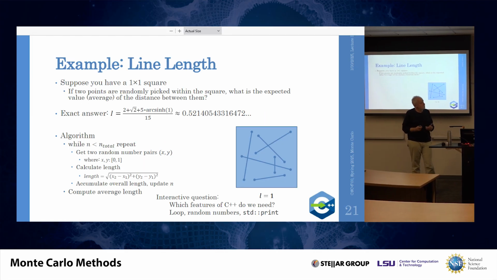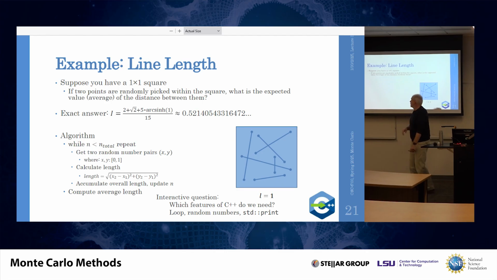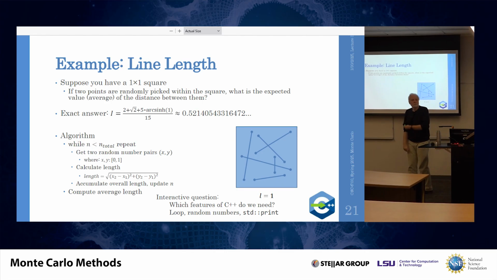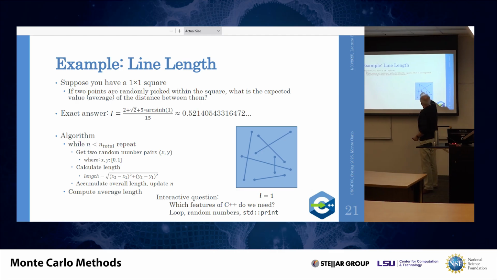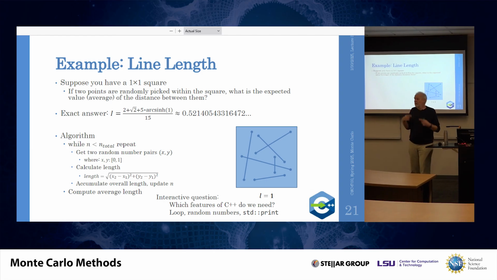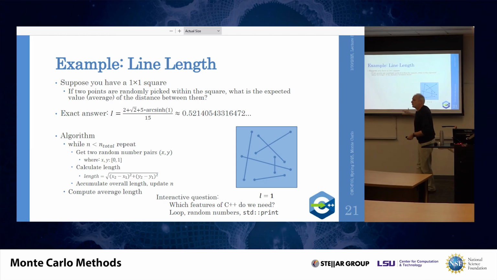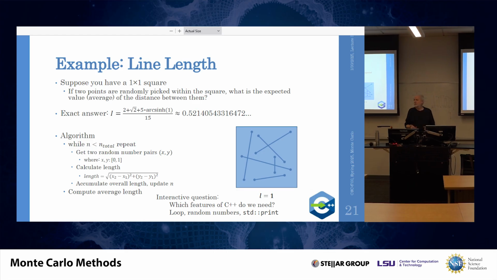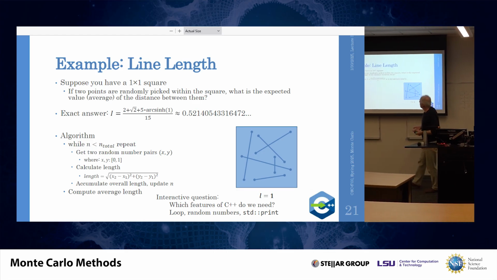So let's do some examples. Let's assume I have a square of length 1, and I choose 2 points in that square, and I want to know what's the average length of those lines between the 2 points. Something which mathematicians have found out how to compute.